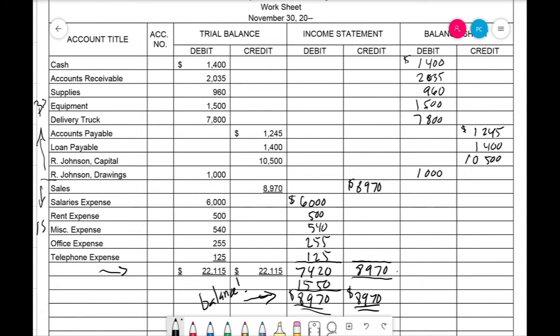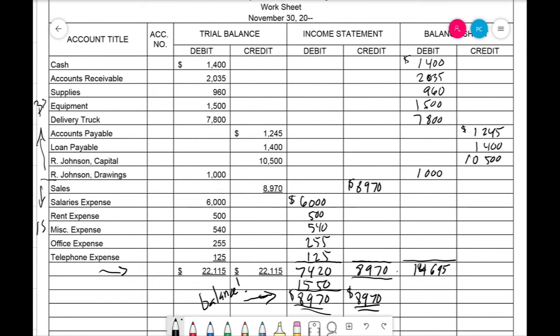Okay, that's all of those ones. Oh, and then we're going to add $1,000. I almost forgot myself. $1,000, for the drawings. So our total down here becomes $14,695.